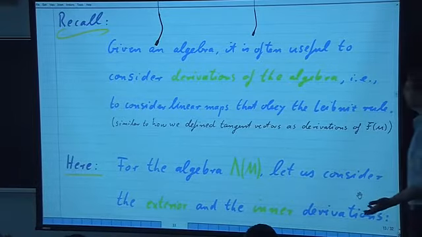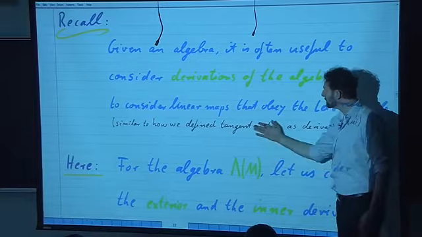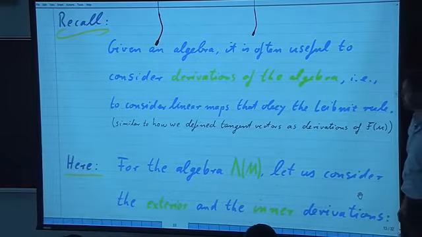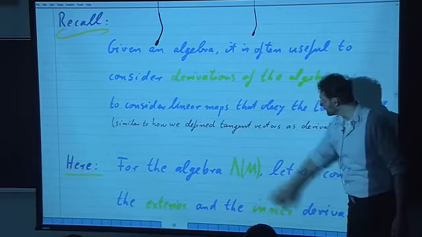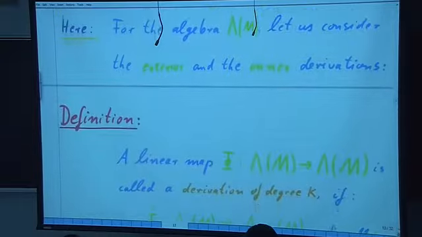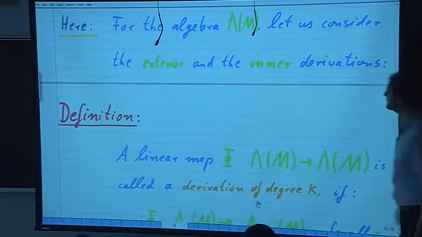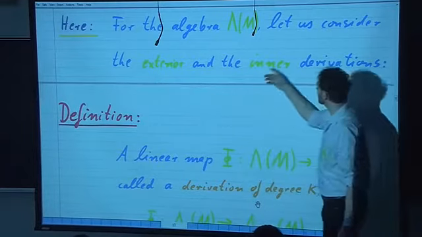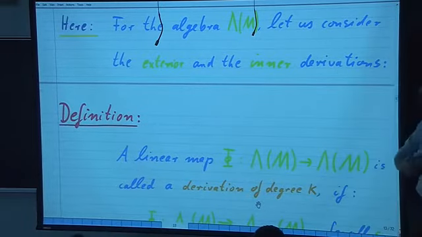Just like we defined derivations on the algebra of functions and obtained tangent vector fields, now we have the algebra of differential forms, and we consider derivations on those. It turns out that in this way, we will obtain the so-called exterior derivative and the so-called inner derivative. And you may wonder, what? How can you get two?